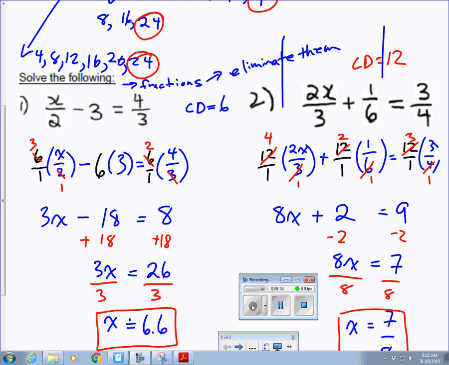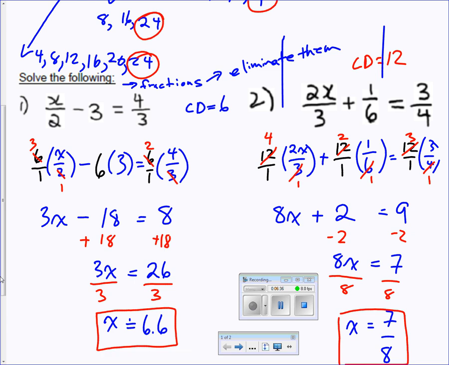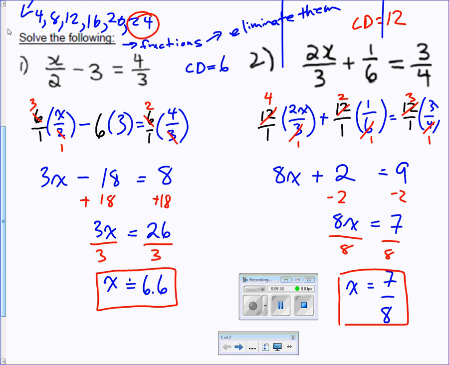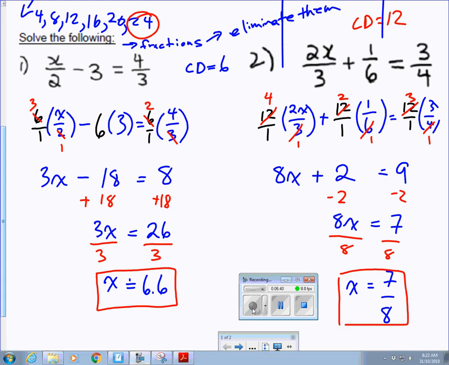And x is equal to 7 over 8 as our final answer. We could also leave it as a decimal. Now let's move on to our next problem.